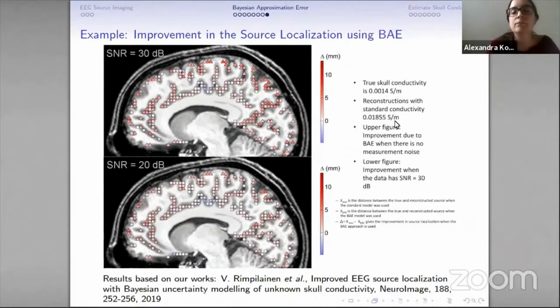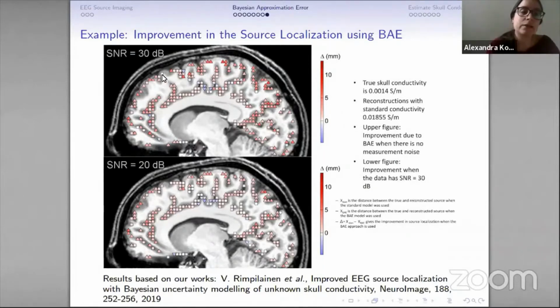And what we see here is basically the difference in different locations, these are different source locations, the boxes and the triangles, and each location shows if there is improvement or not when we use the Bayesian approximation approach in our solution.